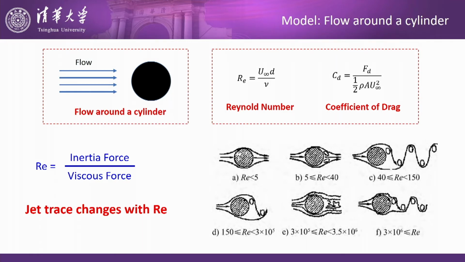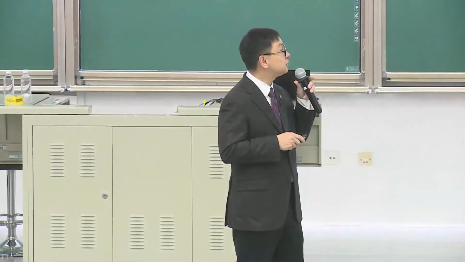In pressure drag, the classical model is a flow around a cylinder. So in a 2D model, we can just take a circle and a flow. One thing I have to introduce to you is the Reynolds number. The Reynolds number is the most important thing in fluid dynamics.